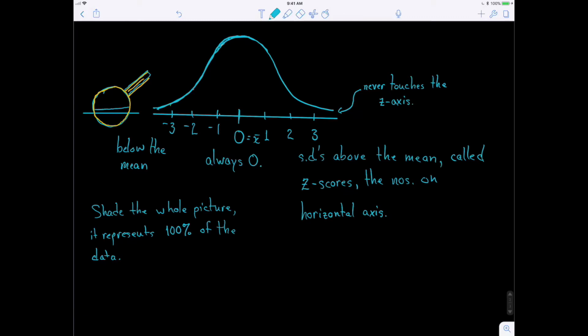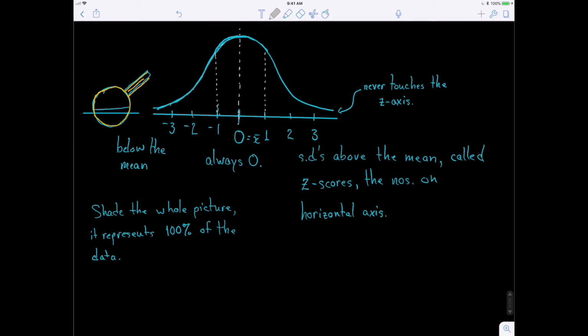Okay. The next thing is this. We could kind of see it in the picture above, but when you have this nice smooth curve, it takes on a unique property that's very, very well known. If I go a standard deviation below the mean, and 1 standard deviation above the mean, the mean goes right through the very middle of my picture.